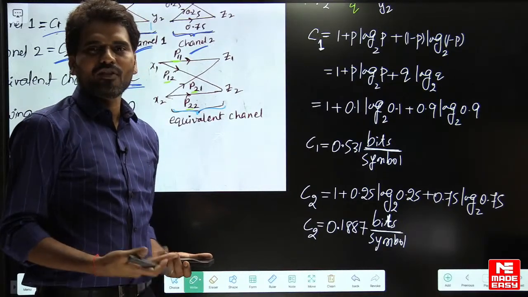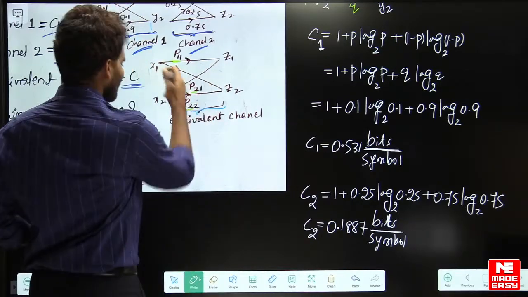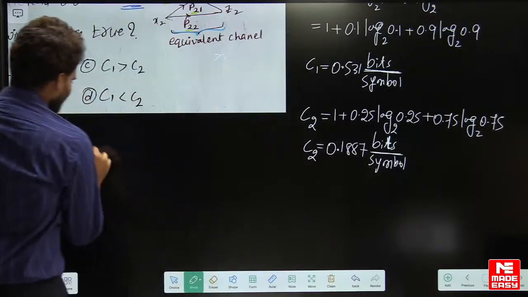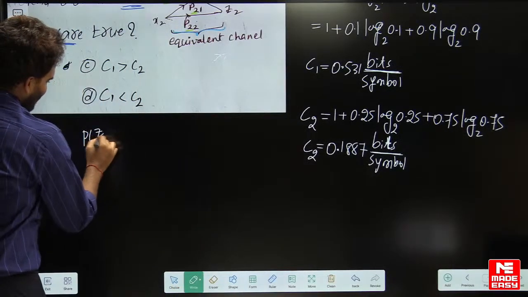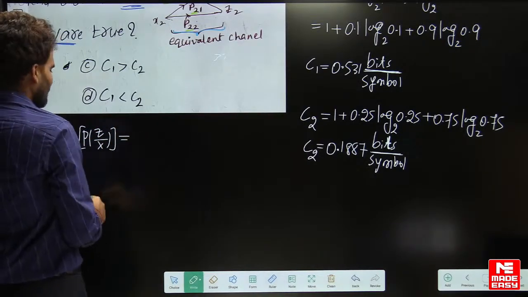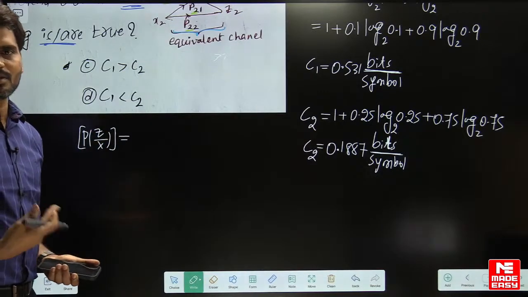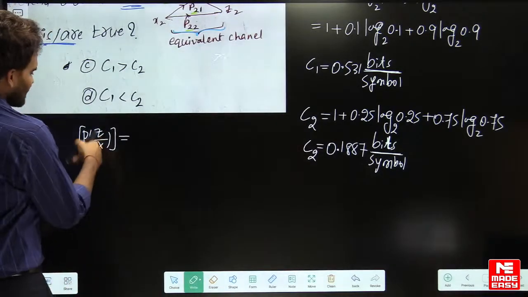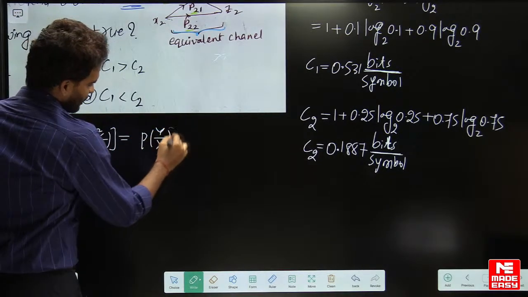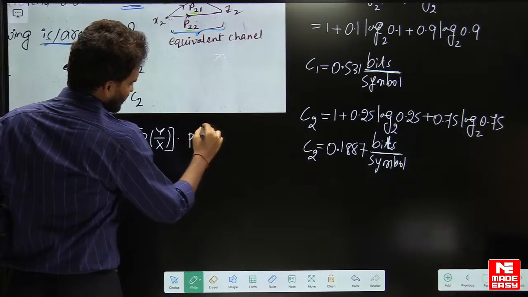For a transmitted x to be received as z, first x should be received as y, and y should be received as z.